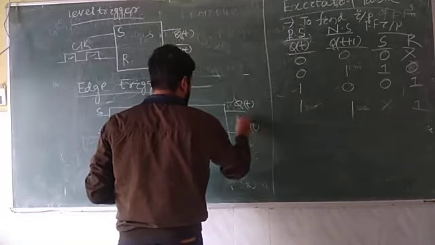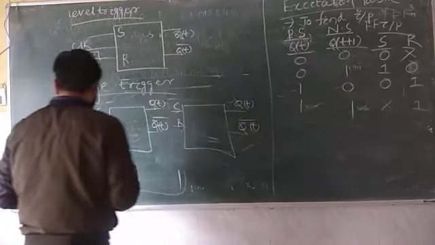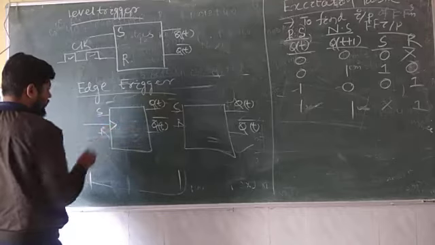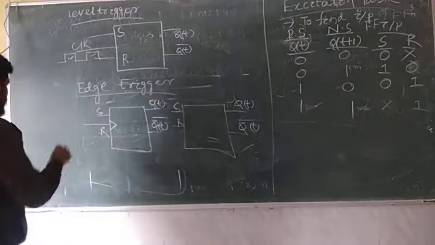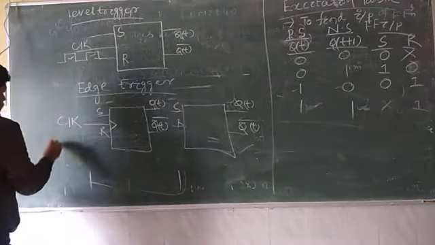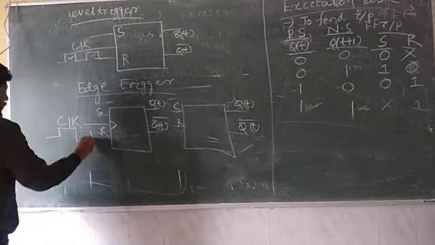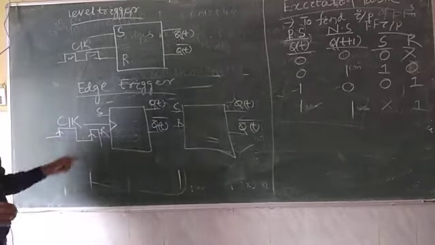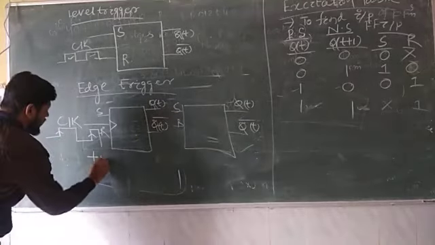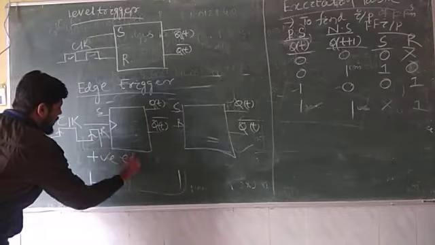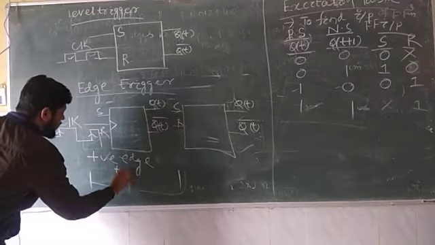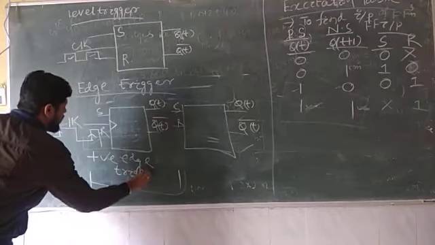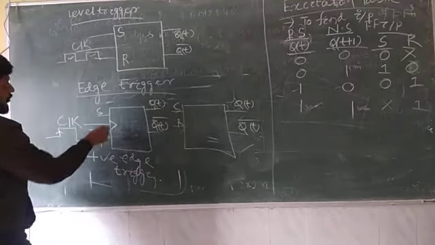Here this is your positive trigger, this is your clock, and you can see the arrow mark when the clock is rising. That's why this is your positive edge trigger.